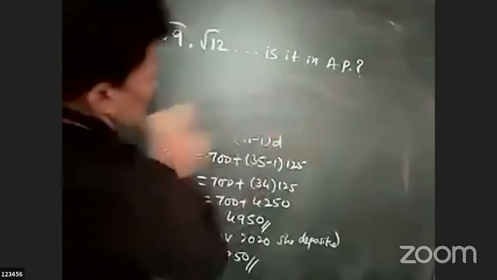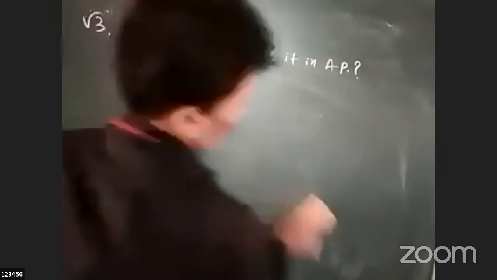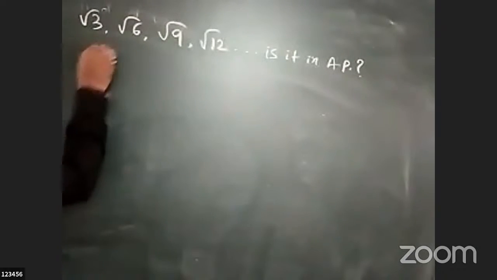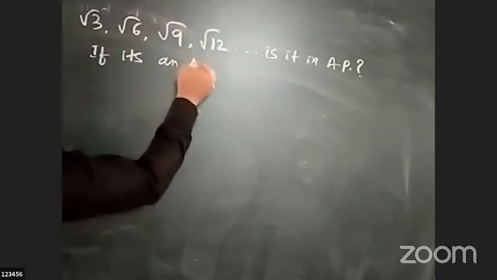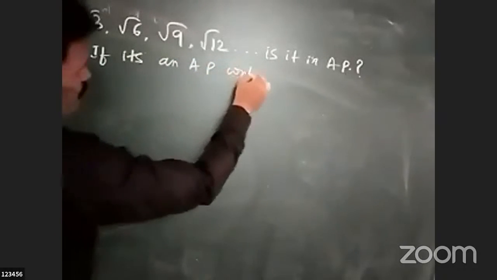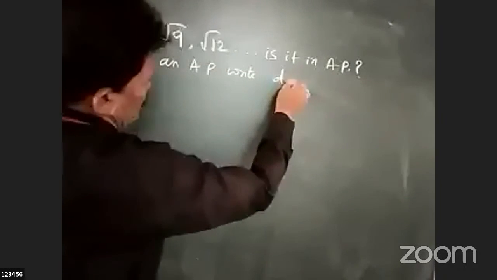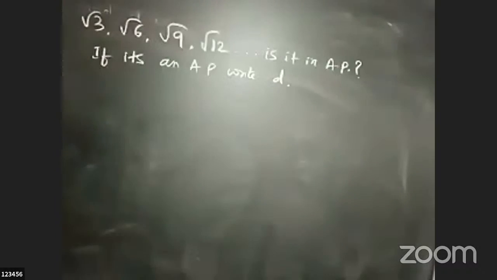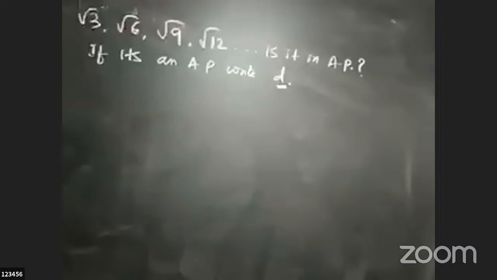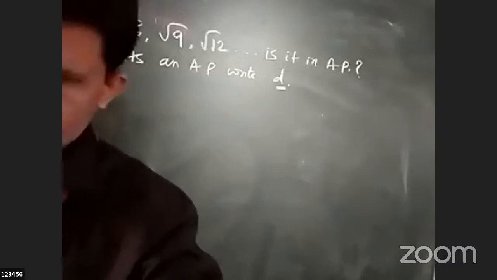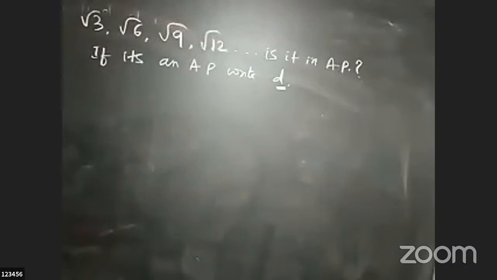Whether the given sequence is in AP or not, you have to check. If it is an AP, then only write the common difference. If it is not an AP, then there is no need to write it.